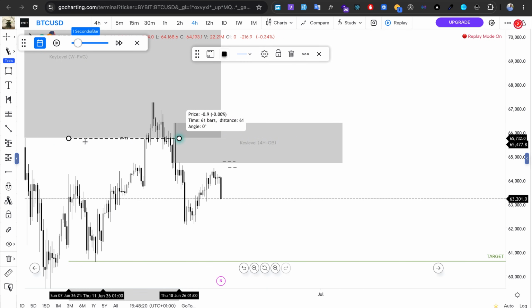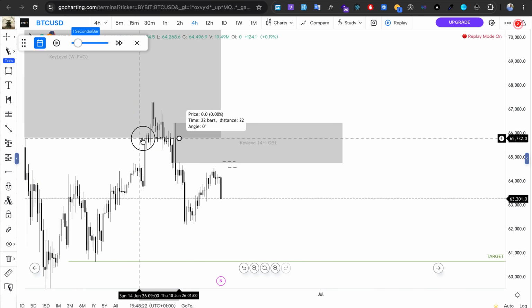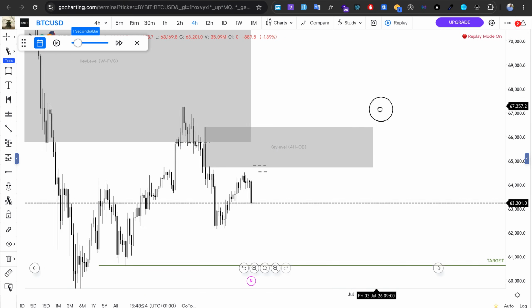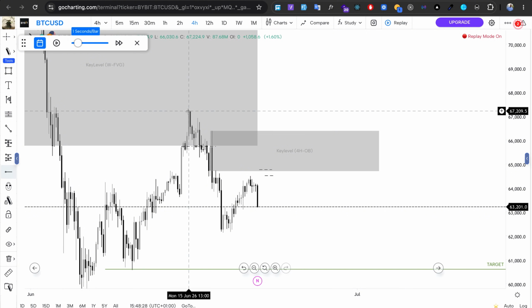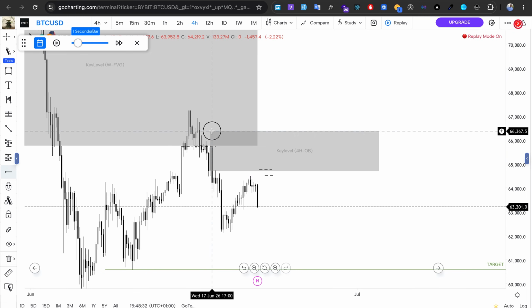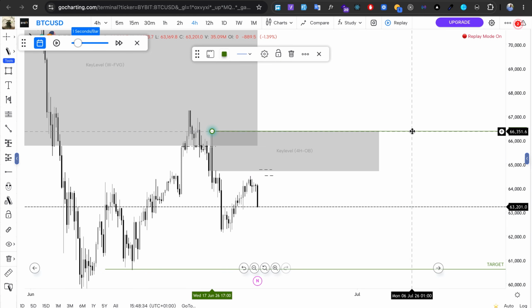This is the TS we are working from. One thing I didn't mention before is invalidation, right? I don't expect price to go above this place.